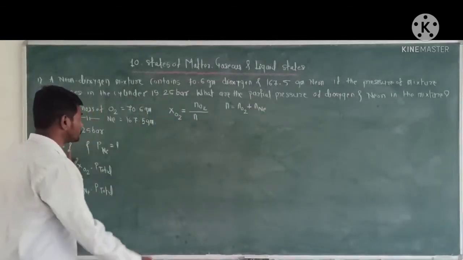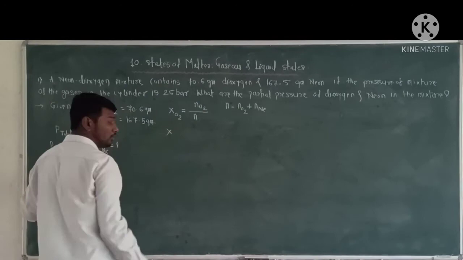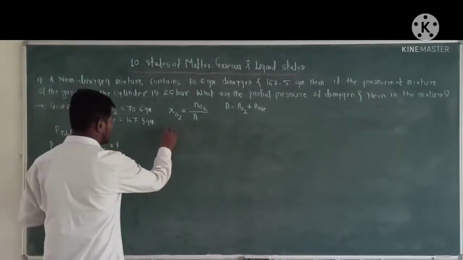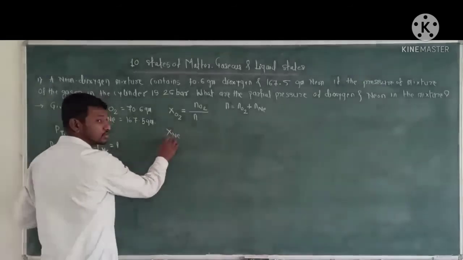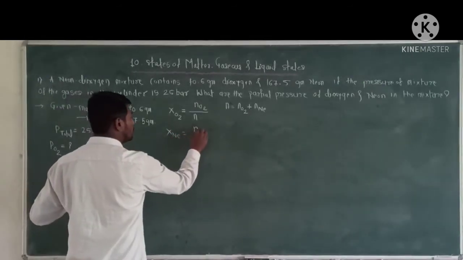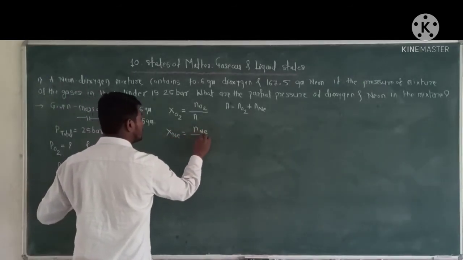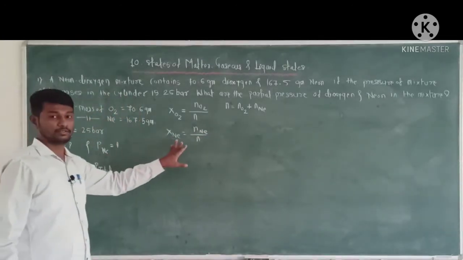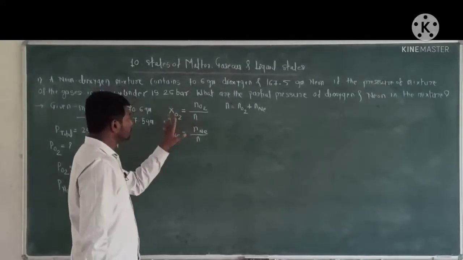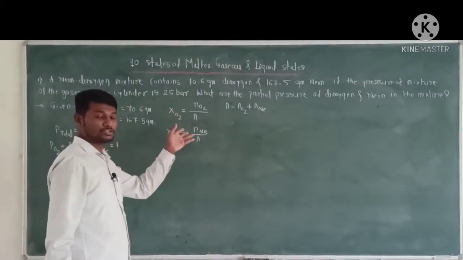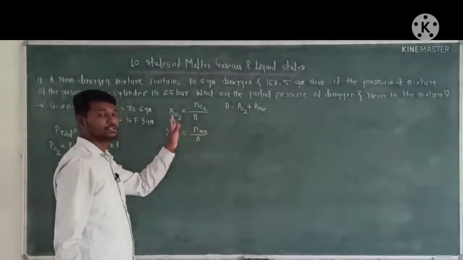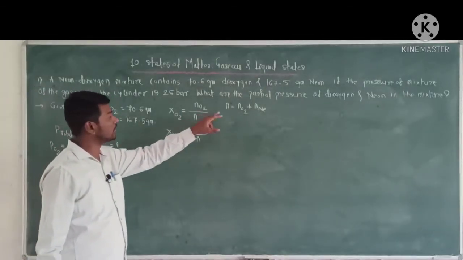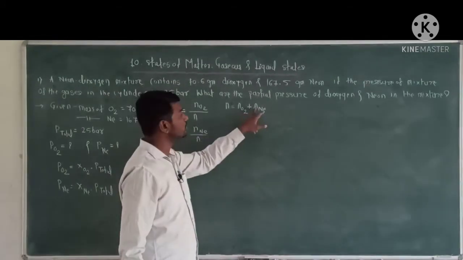Now the mole fraction of neon is calculated by using the equation: X neon is equal to number of moles of neon divided by total number of moles, that is N. Now number of moles of dioxygen and total number of moles is not given in this numerical. So first of all calculate the number of moles of dioxygen and number of moles of neon.